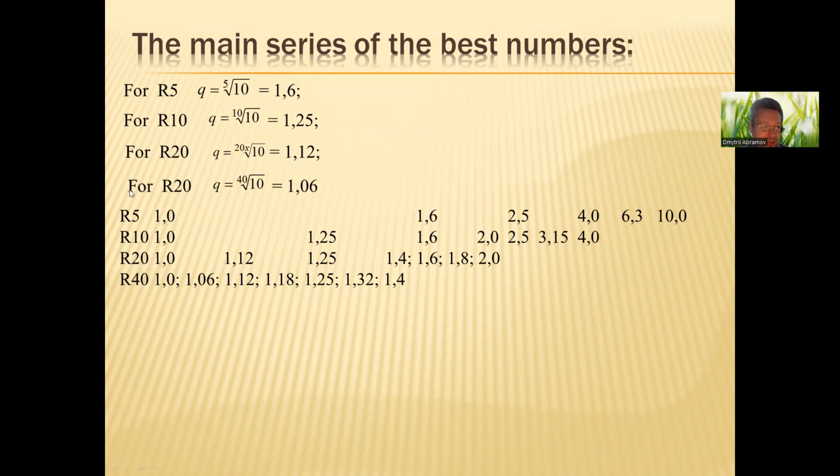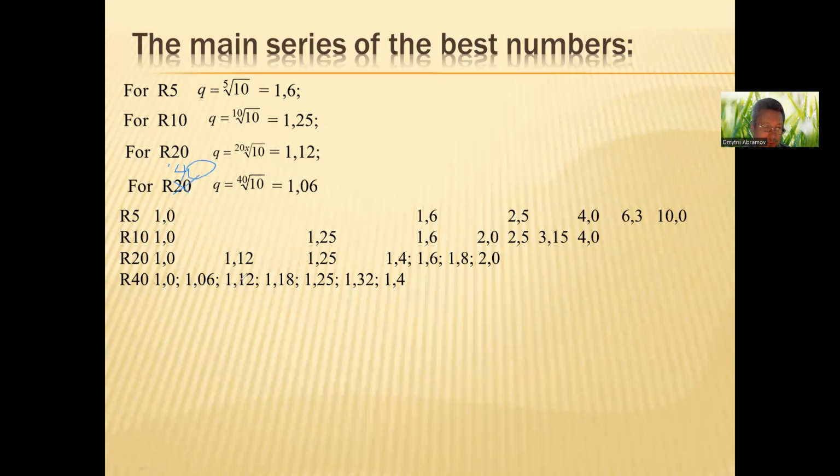And the last one, R40. Q will be equal to 1.06, so first item 1.0, multiplied by 1.06, we have 1.06, then 1.06 multiplied by 1.06, and we will have 1.12.